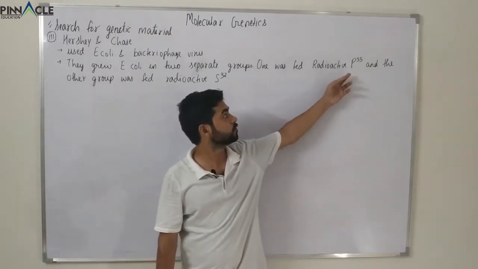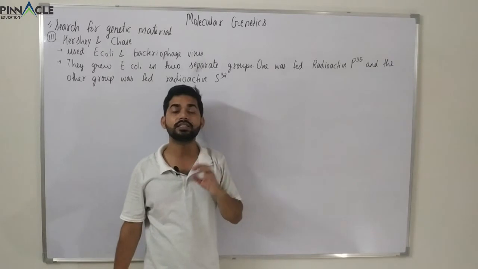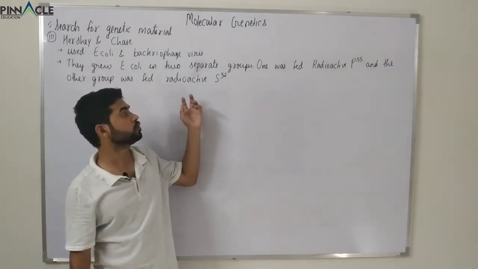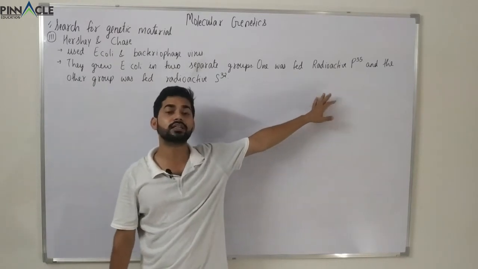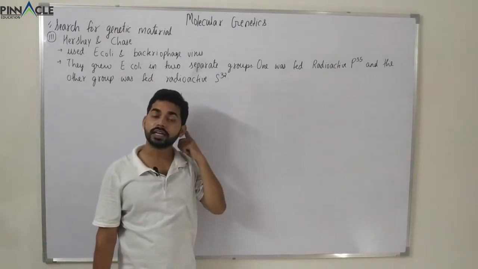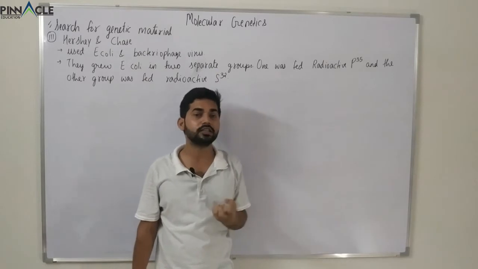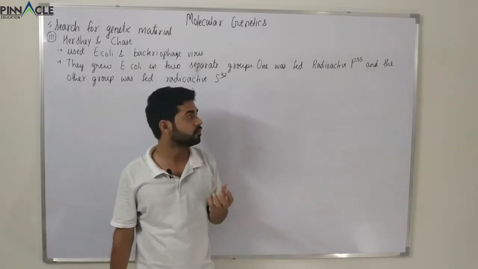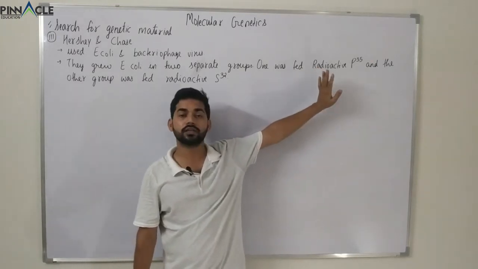So this phosphorus 35 will be inducted in the genetic material of bacteria. And phosphorus is generally not contained inside proteins. There are exceptions where phosphorus is included in proteins, after some post-translational modifications, but we are not concerned here with that.